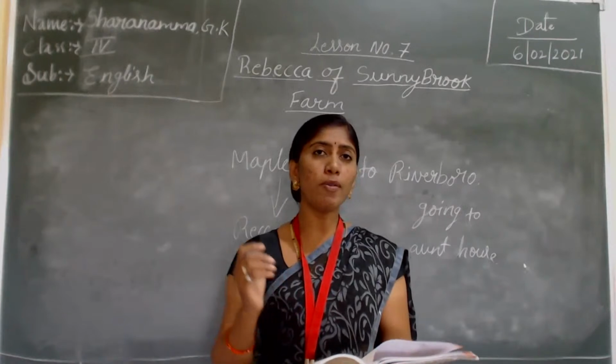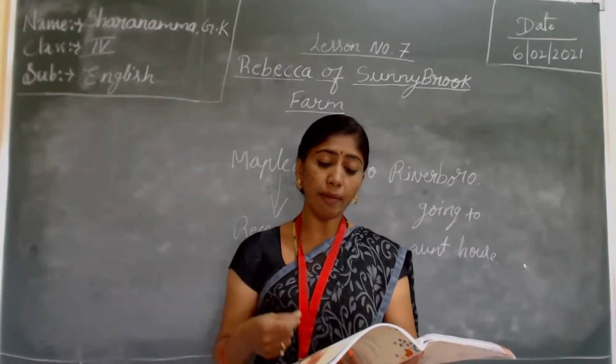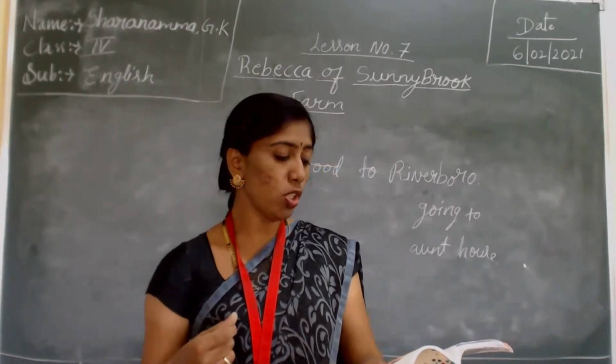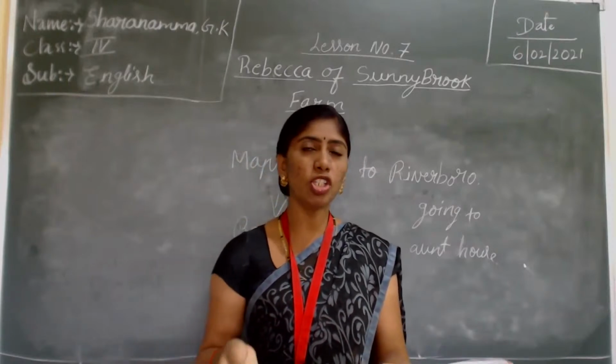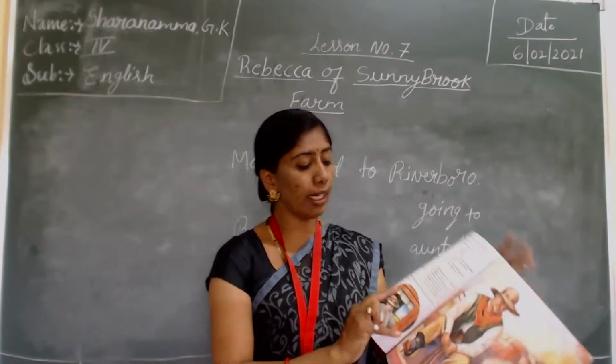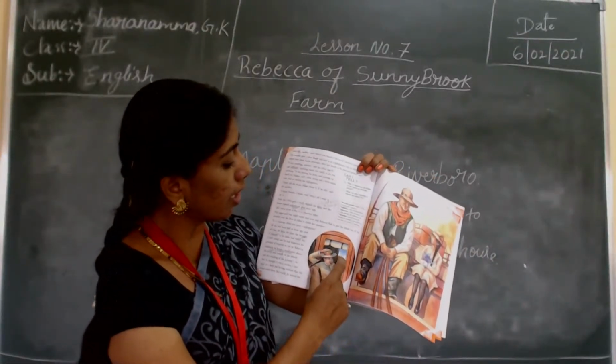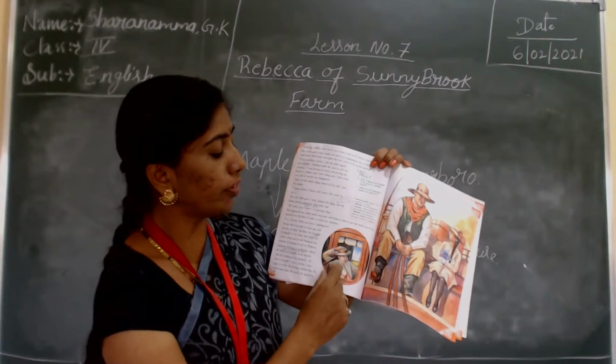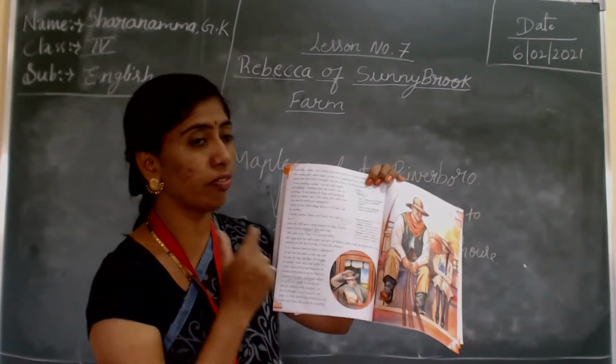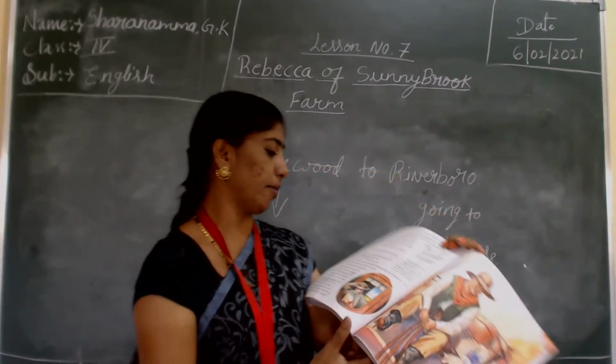When Mr. Cobb started to drive the coach, what will Rebecca do? She is going to put her head out. Here we can see that in the stagecoach, the girl is putting her head out of the window and finishing her words talking with her mother.